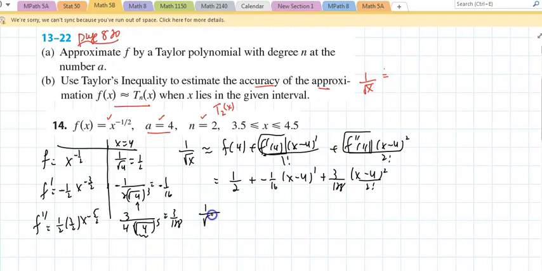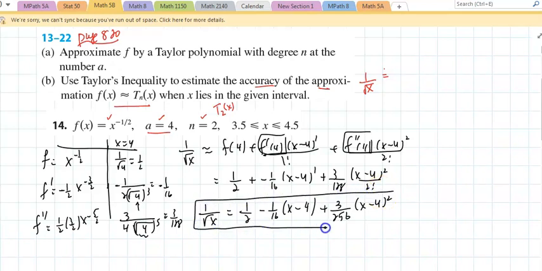So you're going to say 1 over radical x around 4 is roughly 1/2 minus 1 over 16 times x minus 4 plus 3 over 256 times x minus 4 squared. Now, in this class, you learn how to find those. You really don't use them, right? You're just learning how to do all of these things, but we're not really showing what you use them for, but that's okay. The hard part is finding them.